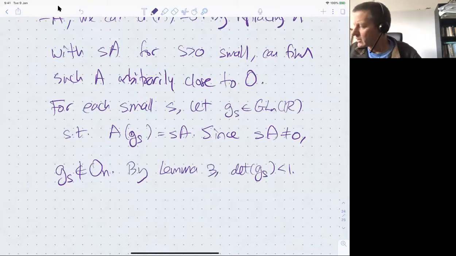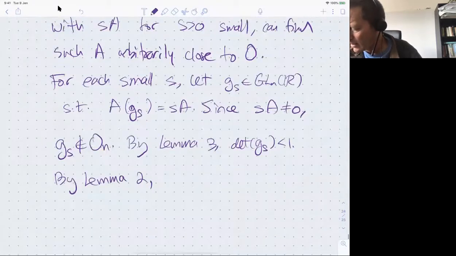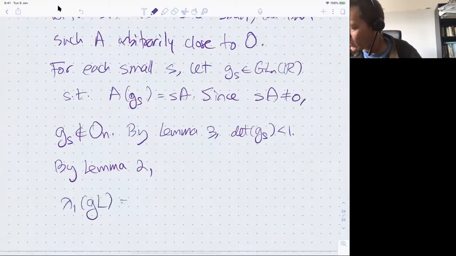And by lemma 2, lambda 1 of G_s L equals lambda 1 of L. Let's look at lemma 2.